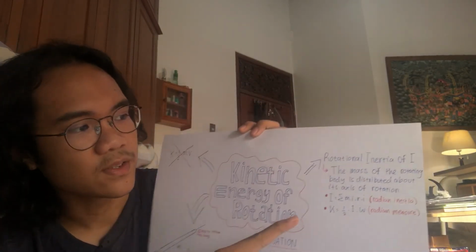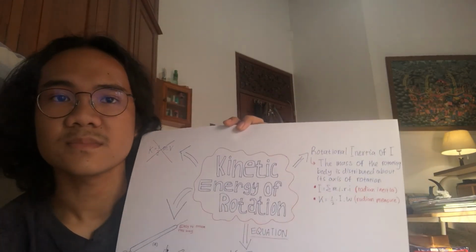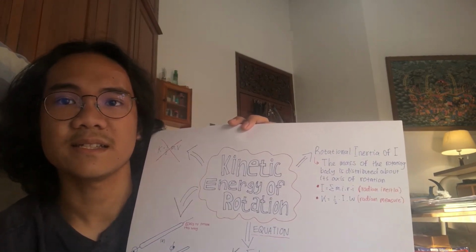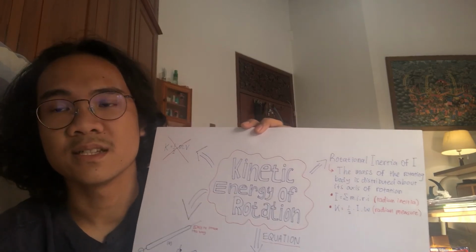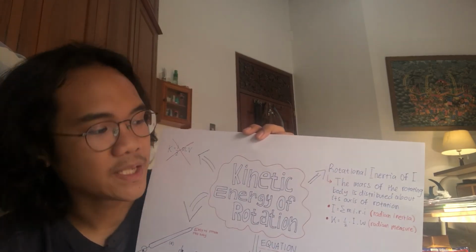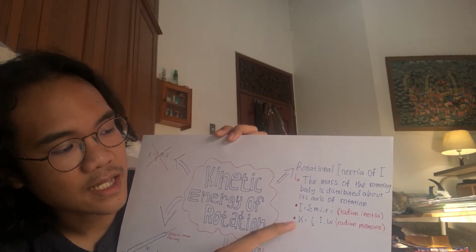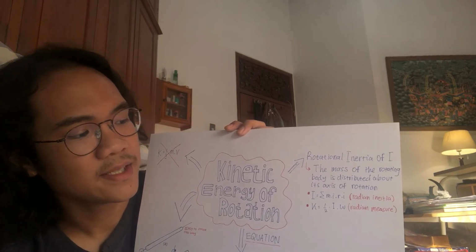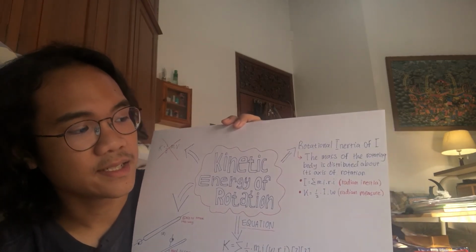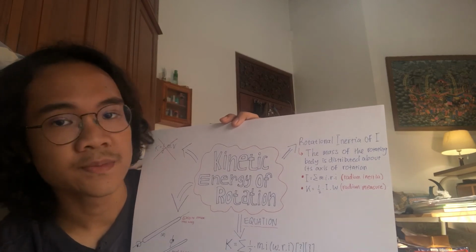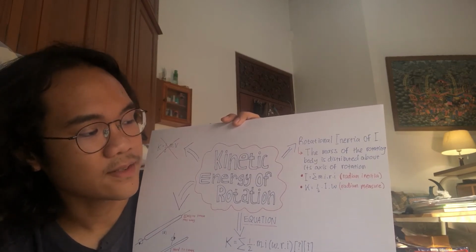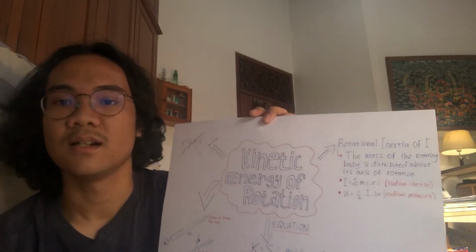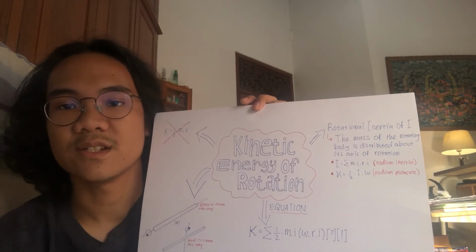Then for the rotational inertia, in which the mass of the rotating body is distributed about its axis of rotation, there are two equations: I equals the sum of m_i times r_i squared, that is the rotational inertia, and then K equals half times I times omega squared, where omega is in radian measure. That is all for the kinetic energy of rotation.